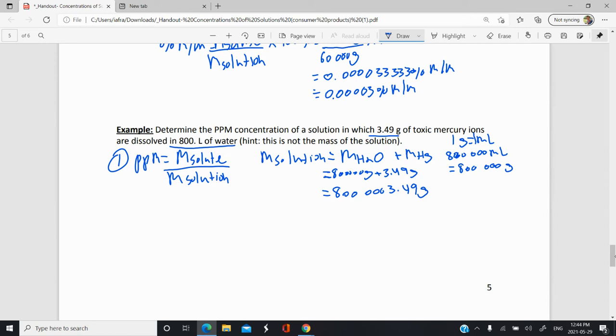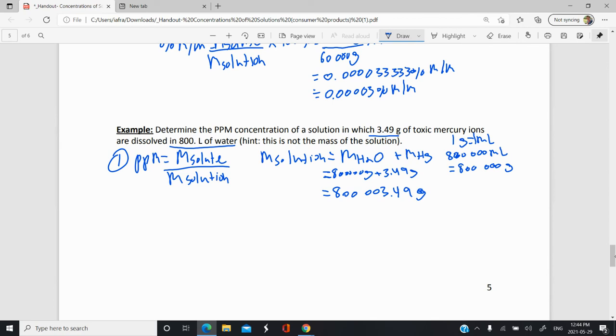And so this would be our total mass here. I think I made a mistake with how I wrote it down. 0.49 grams. There we go. So now we can use that as the mass of our solution.